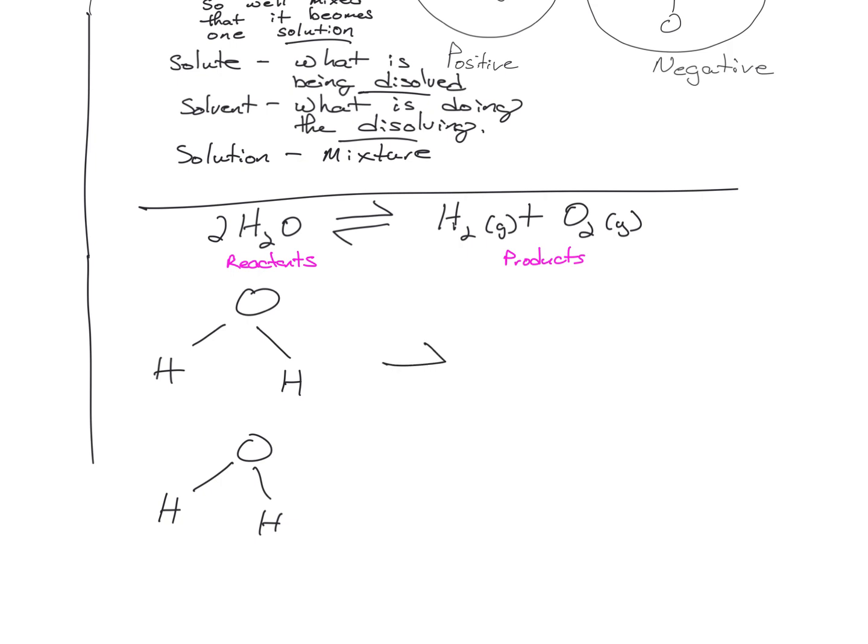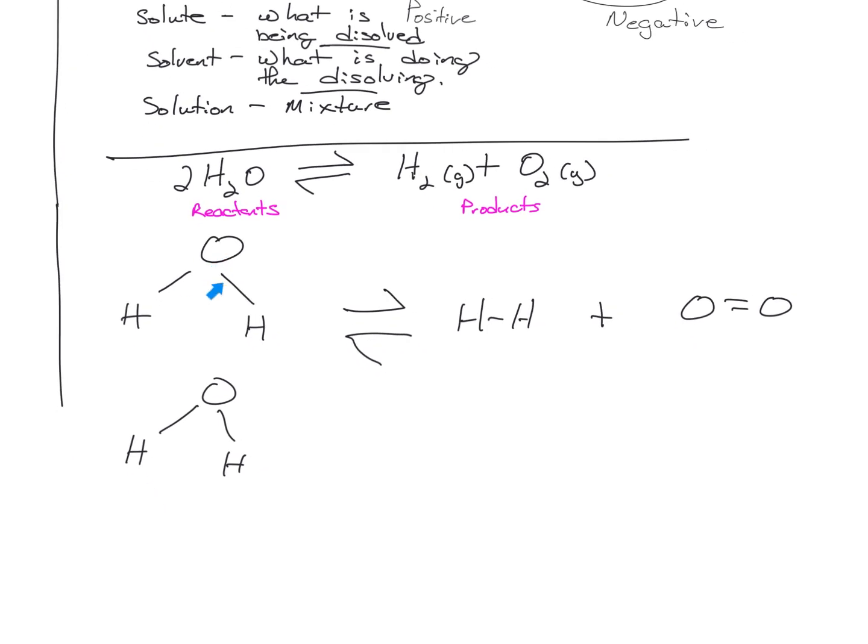And then I end up with hydrogen, which has 2 hydrogens bonded together, and an oxygen, which has 2 oxygens bonded together. These are both gases. My problem is I have 2 oxygens. That's fine. There they are, 1, 2, 1, 2.